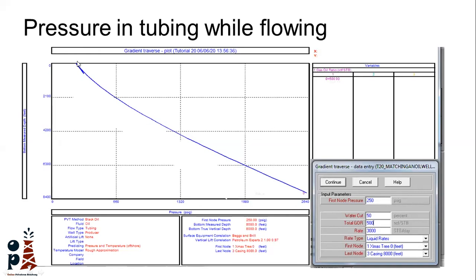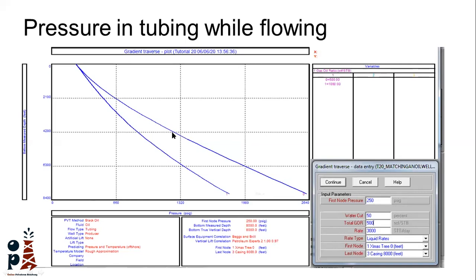So we can think about it. What if I increased the gas oil ratio? Now start from here. I have the same rate, the same water cut, and I changed the gas oil ratio. Do you think the BHP will be higher or less? The BHP here means it's the pressure I need for this rate to reach the surface.